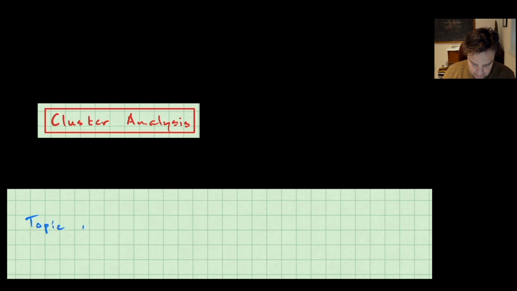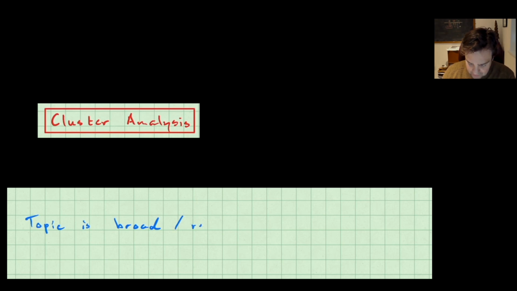The topic for this and the next 3 lectures, so 4 lectures altogether, is called cluster analysis. Clustering as a topic is pretty broad, and you could even say it is resistant to definition.